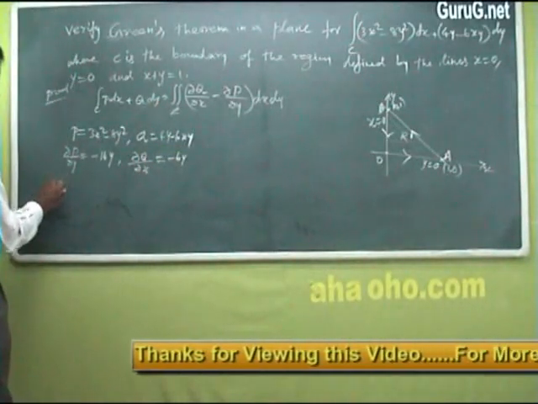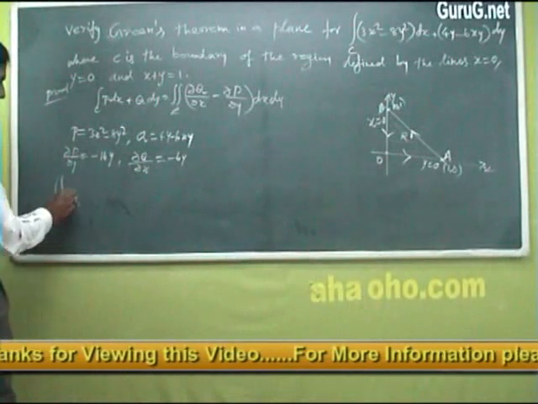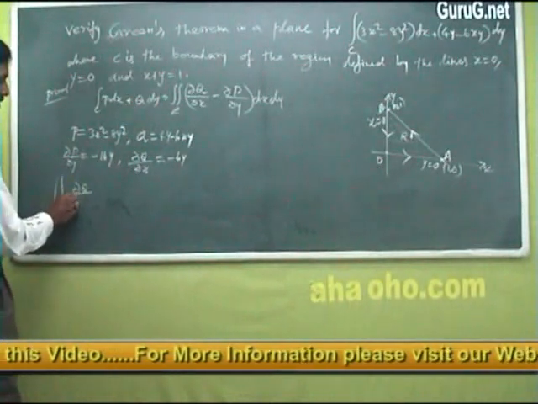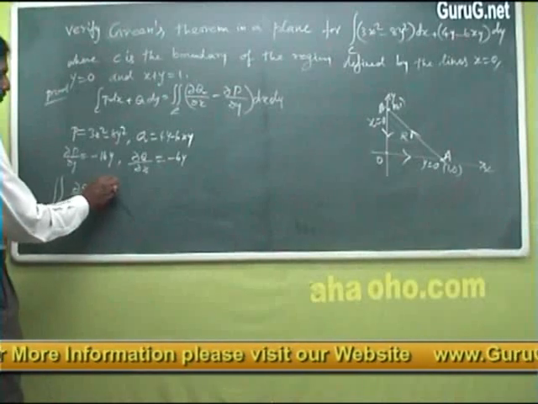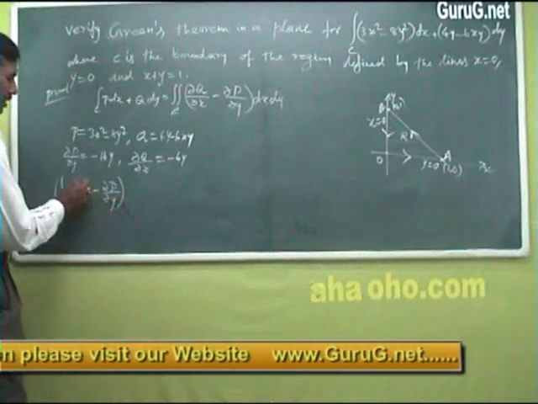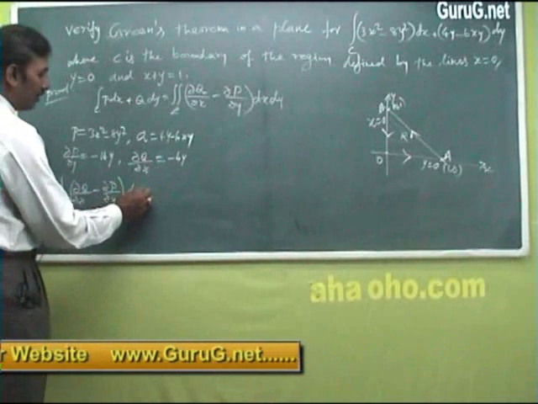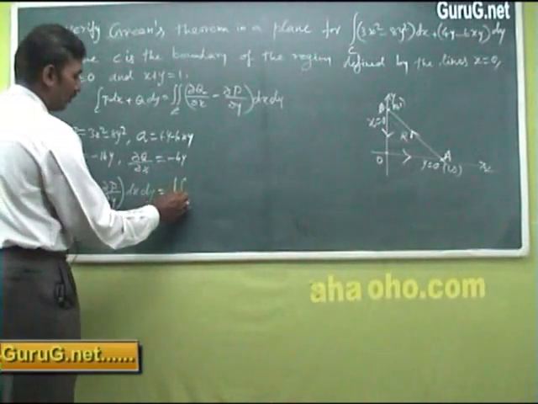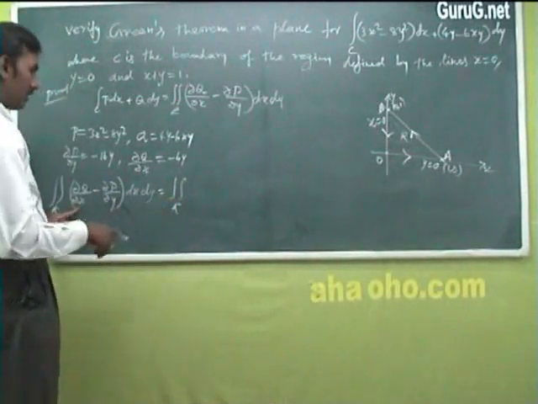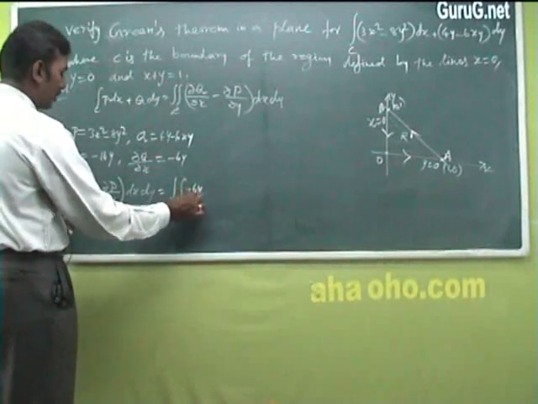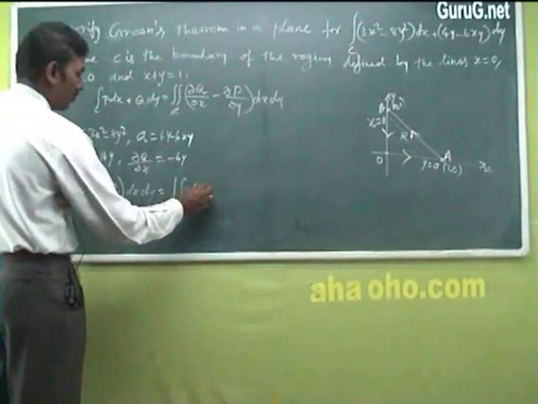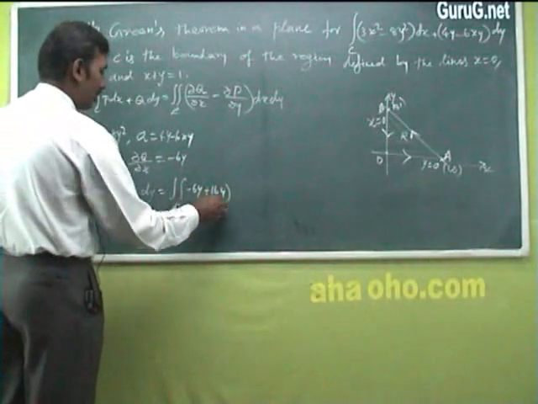So the double integral over R of dou Q by dou x minus dou P by dou y dx dy equals the double integral over R of minus 6y, and minus this one, so plus 16y, into dx dy.